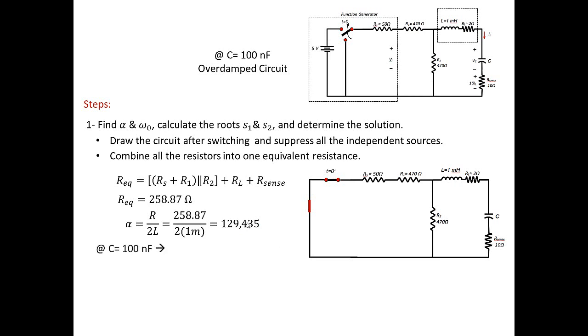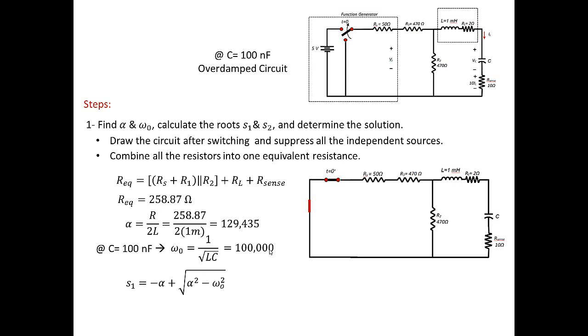And then when we force C equals 100 nanofarad, we are going to have omega naught to be 1 over square root of LC, and this is basically 100,000 radian per second. So from here we can solve for S1.